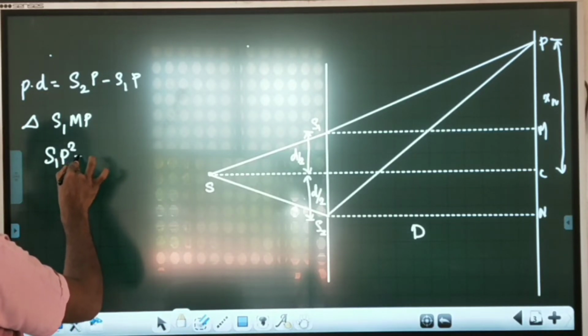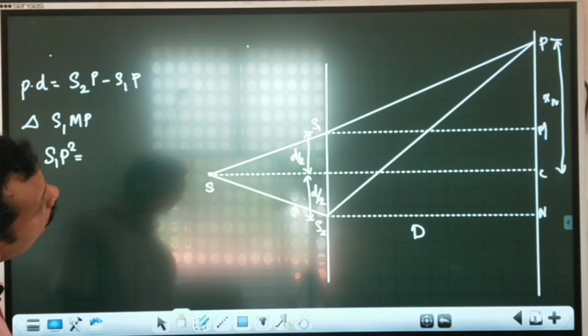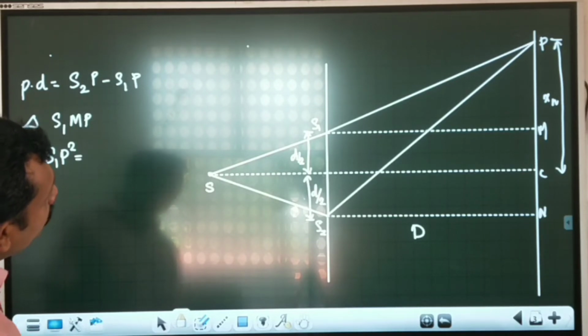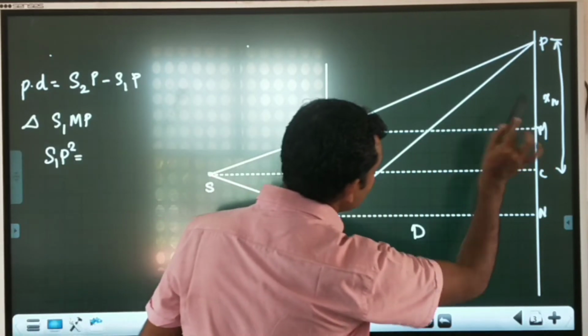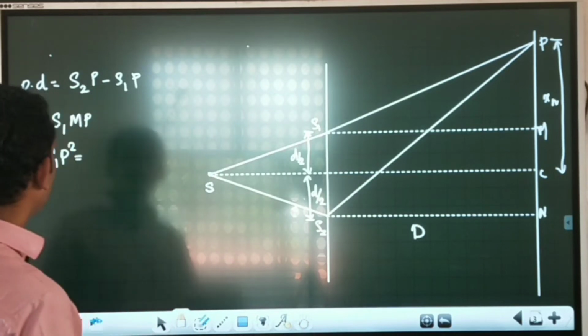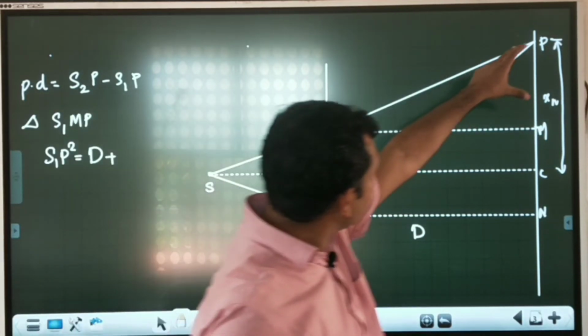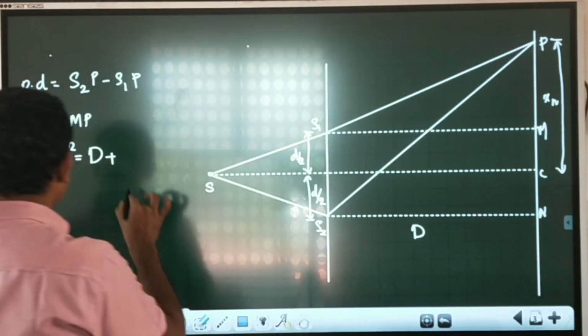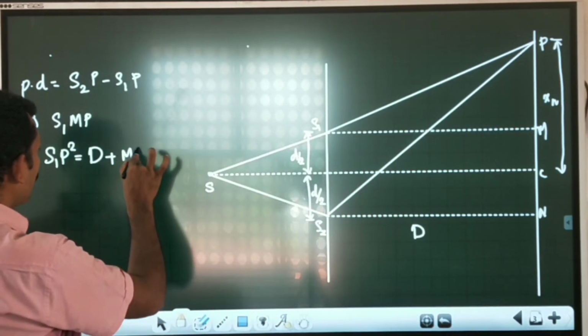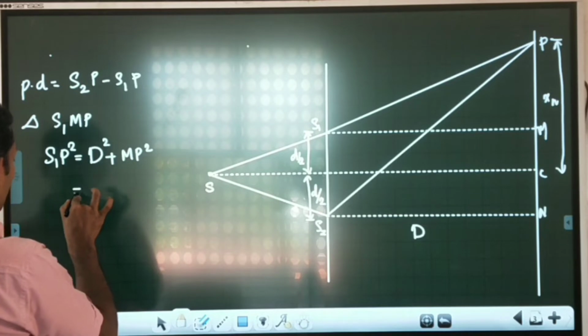S1P square is equal to this distance. How much is this? D. D plus, what will this distance be? MP square. D square plus MP square.